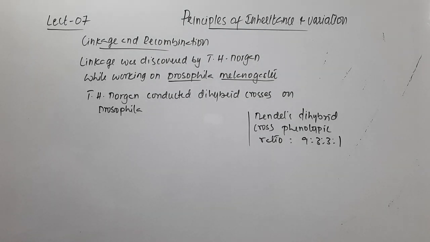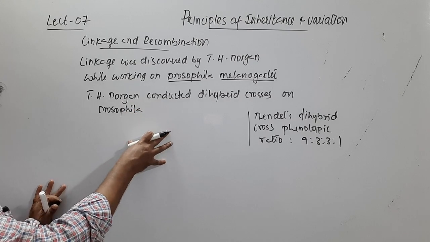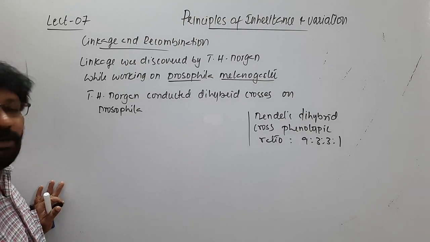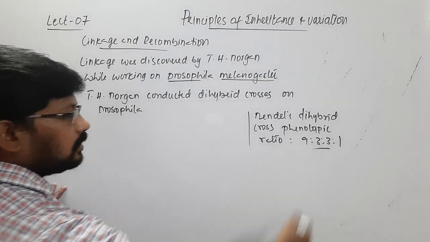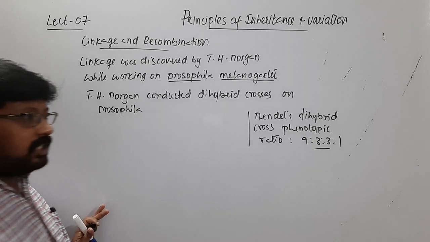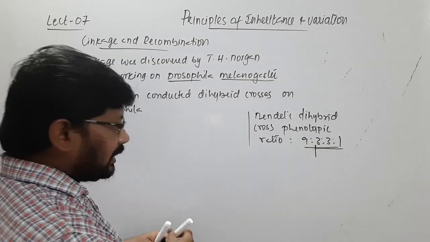But when T.H. Morgan did the same dihybrid crosses on Drosophila melanogaster, he did not get the 9:3:3:1 ratio. We usually get this ratio when two genes are independent.